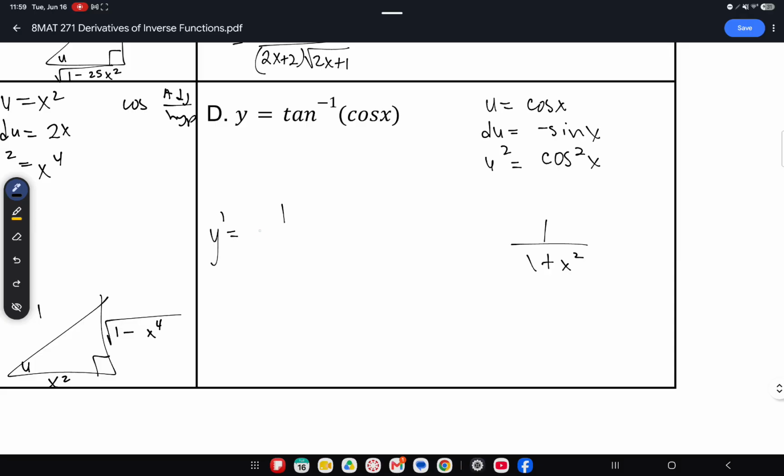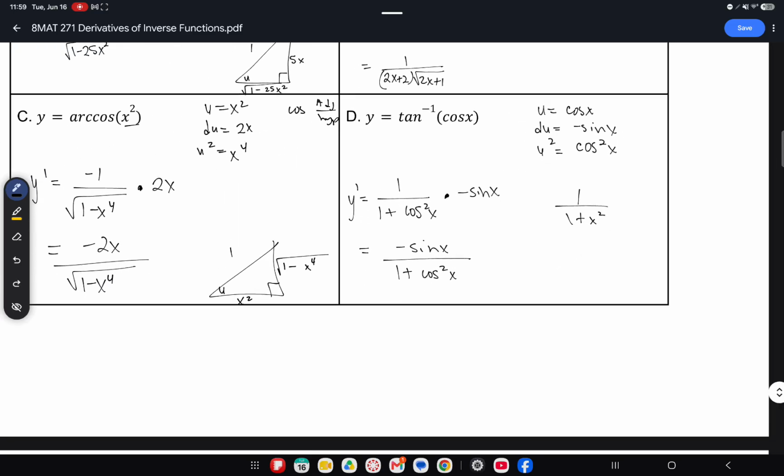So I'd have 1 over 1 plus, let's see, my u squared is cosine squared, and then times my derivative of u, which is negative sine of x. And if I clean that up, we'll have negative sine of x over 1 plus cosine squared of x. All right.